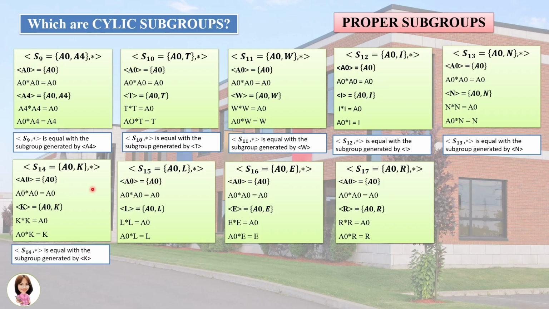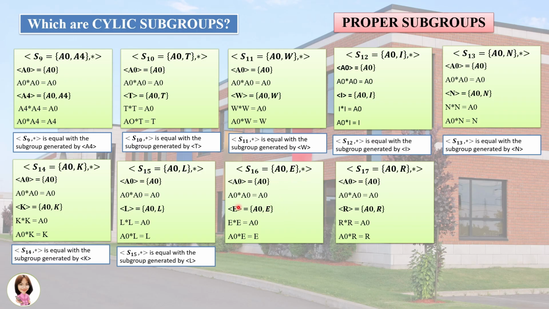Then next we have the group of S sub 15, containing the elements A0 and L under binary operation star. As you can see, the element generated by L is the generator of S sub 15, since it generates the entire group of S sub 15. Then we have the group of S sub 16, which contains the elements A0 and E under binary operation star.